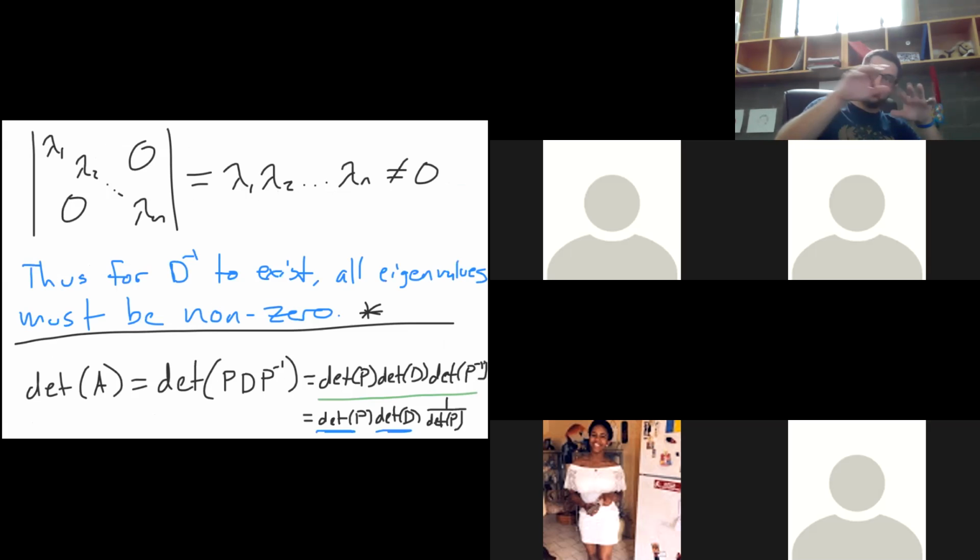And then from there, show that the determinant of A ends up becoming that product of the eigenvalues. So as long as the product of my eigenvalues is non-zero, that means the determinant of A is non-zero, which meant A inverse exists, which then meant we had a unique solution.